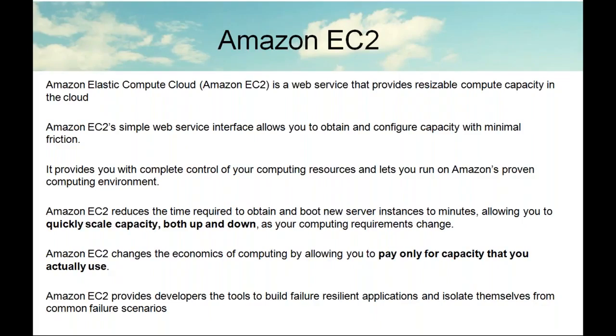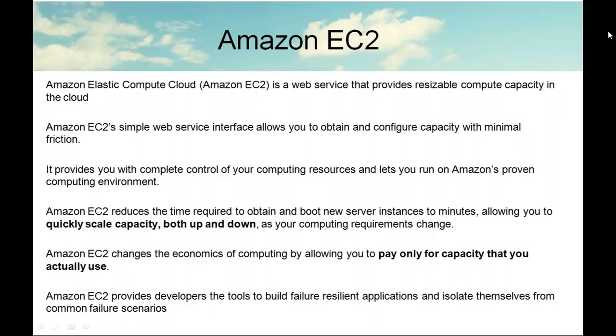It provides you with complete control of your computing resources and lets you run on Amazon's proven computing environment. Amazon EC2 reduces the time required to obtain and boot new server instances to minutes, allowing you to quickly scale capacity both up and down as your computing requirements change.